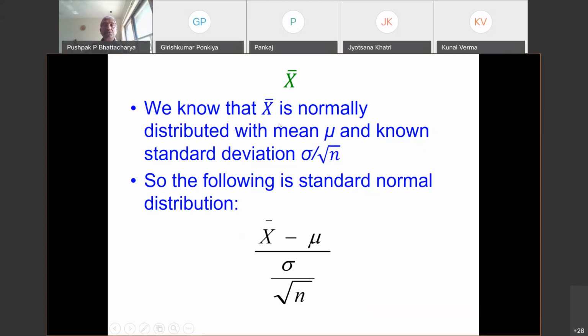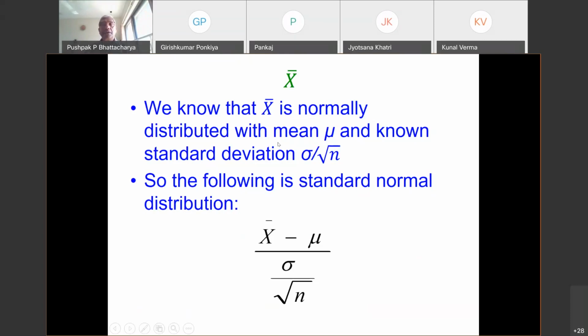Please observe this result: as we change the samples, the sample means also change. So the sample mean becomes a random variable because the samples are changing. The mean of that random variable is the population mean, and the standard deviation is sigma by root n, which comes from what is called the central limit theorem.